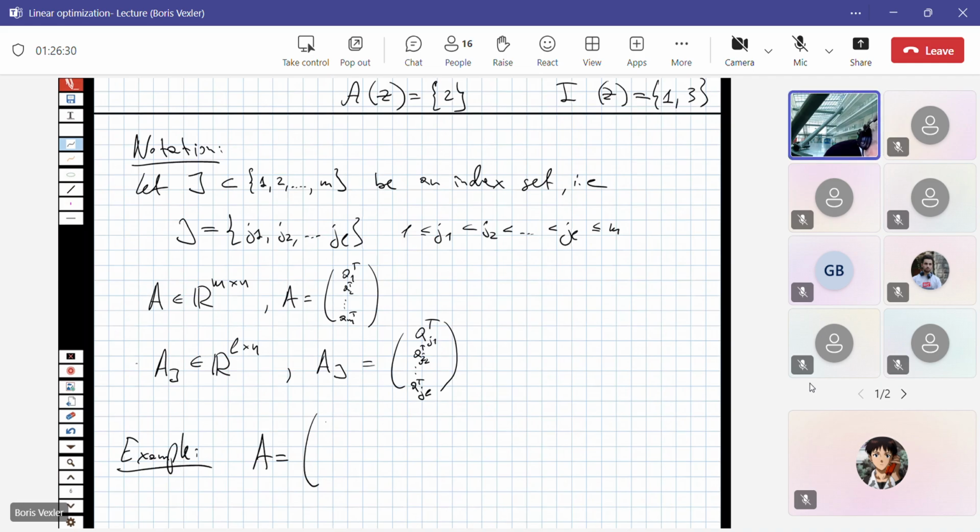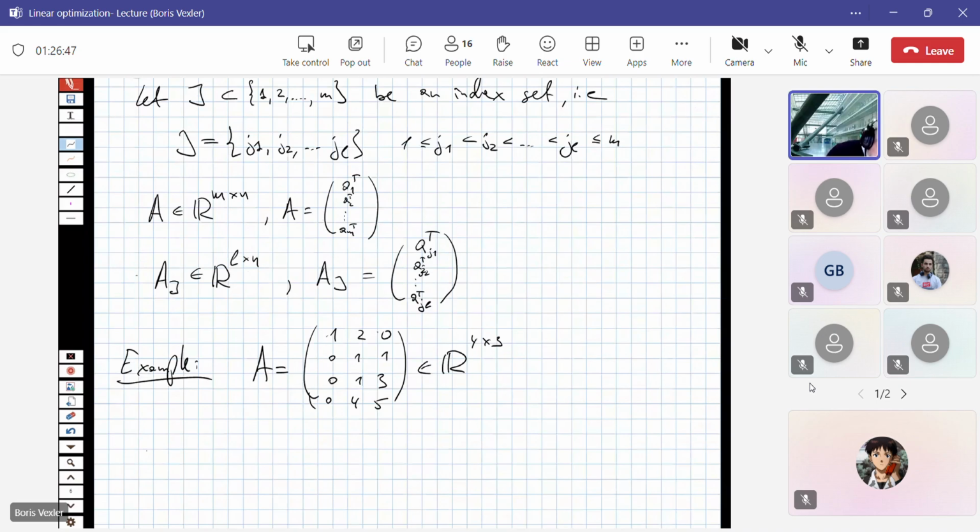Consider this. If you take an example, if the matrix A, let's say, is 1, 2, 0, 0, 1, 1, 0, 1, 1, 0, 0, 1, 3, 0, 4, 5, something like this. What do we have here? 4 lines, 3 columns, and we can take J, for instance, 2 and 4.